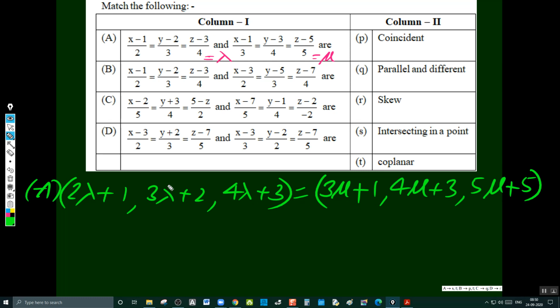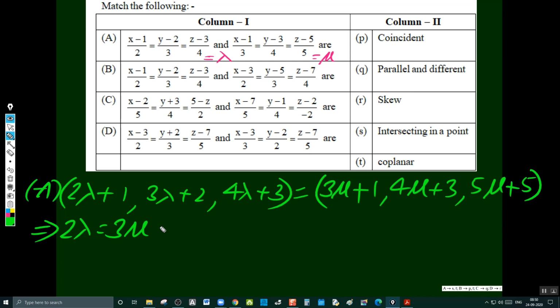If the values you got from 2 equations also satisfy the third equation, then you can say confirmedly that they intersect each other. That's what I'm doing now. 2 lambda plus 1 is equal to 3 mu plus 1, 1 getting cancelled. You'll get 2 lambda is equal to 3 mu.